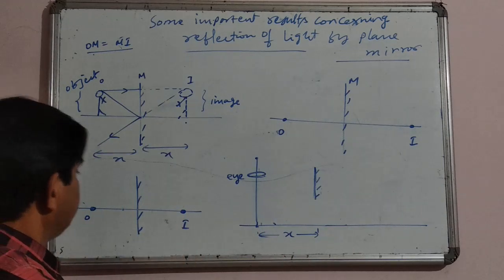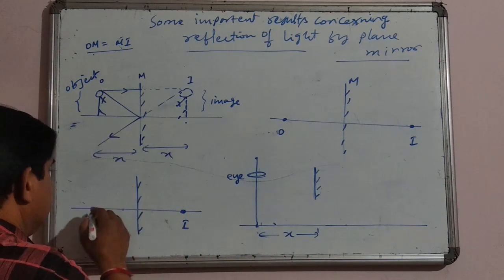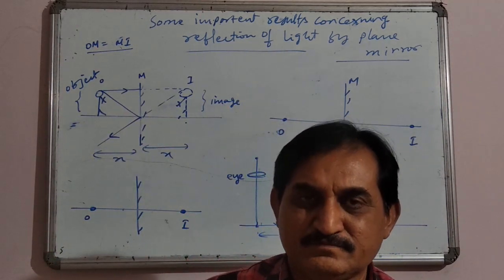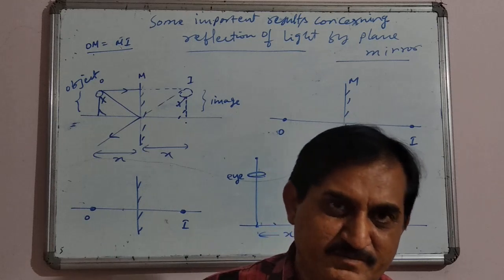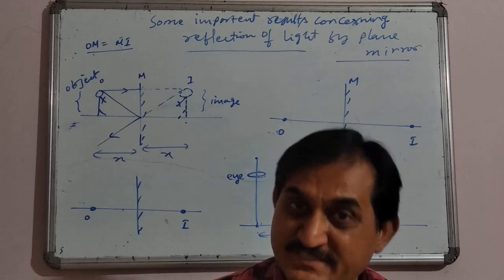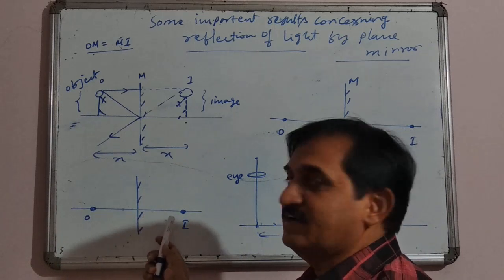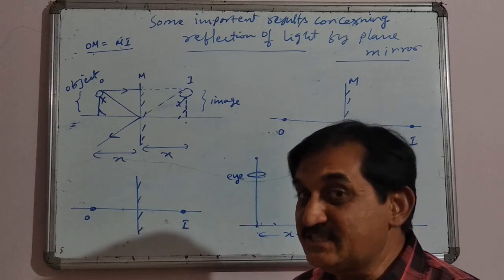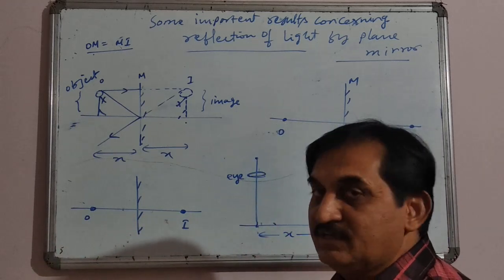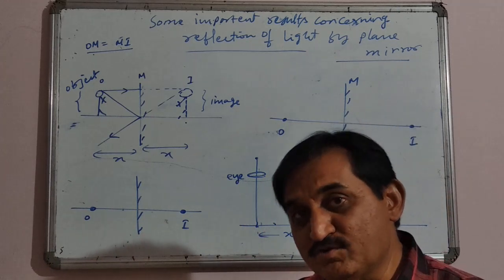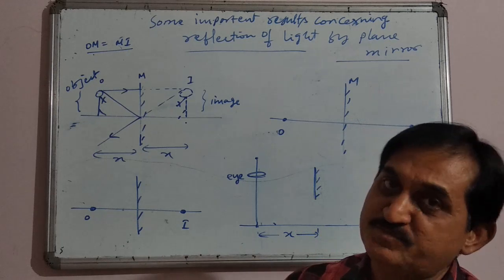Whenever the object is moving towards or away from a plane mirror, a stationary mirror, once again I repeat, the image is also moving by the same amount and also with the same speed.